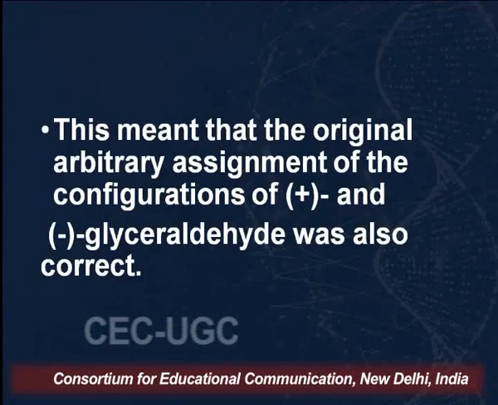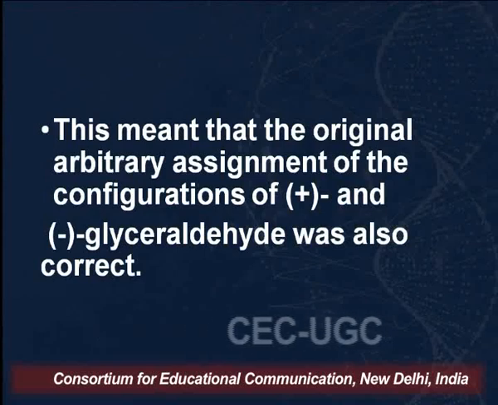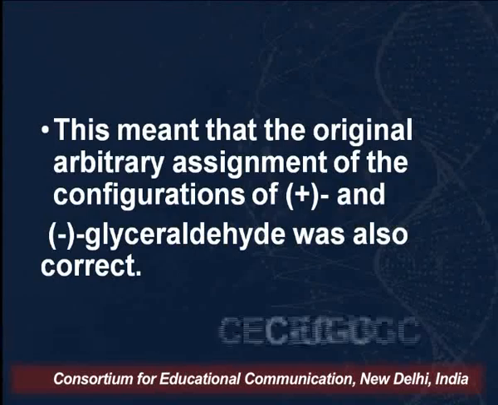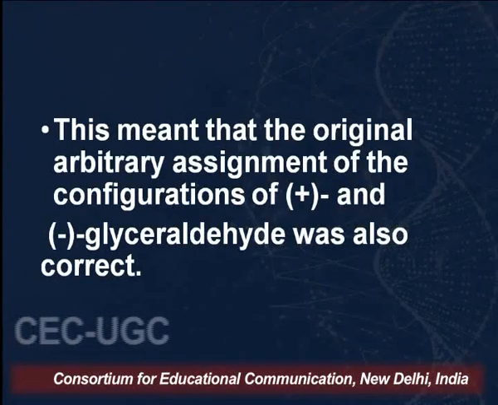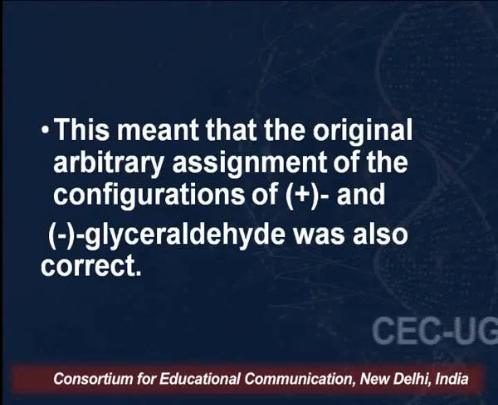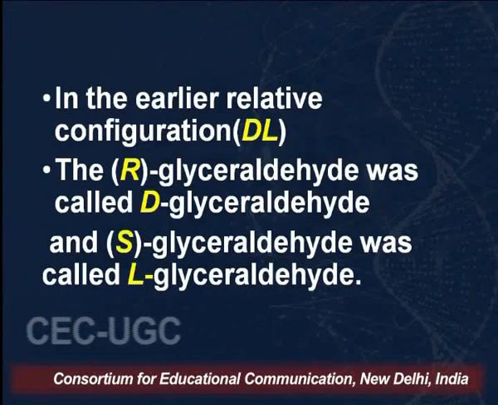So what do we interpret from this? This meant that the original arbitrary assignment of configuration of the plus and the minus glyceraldehyde was also correct. Why was this so?